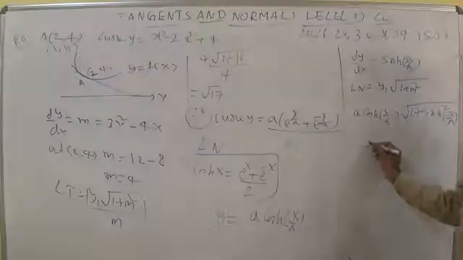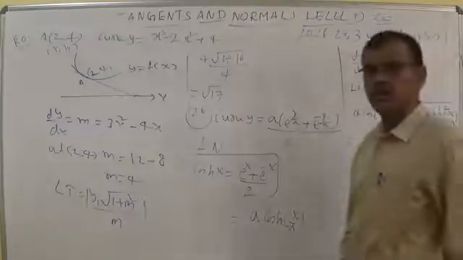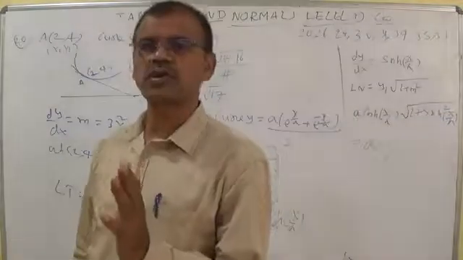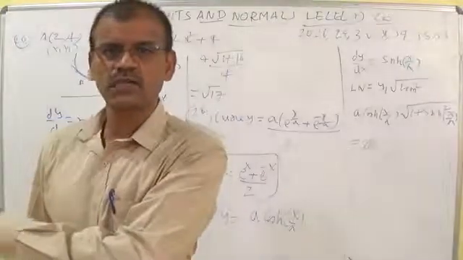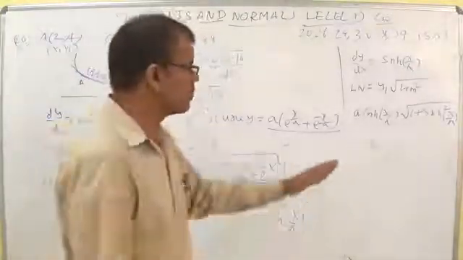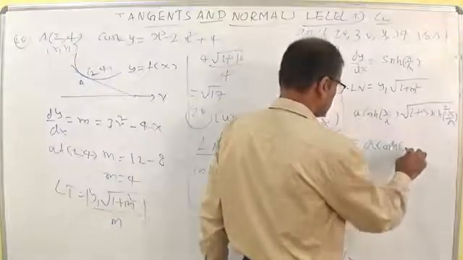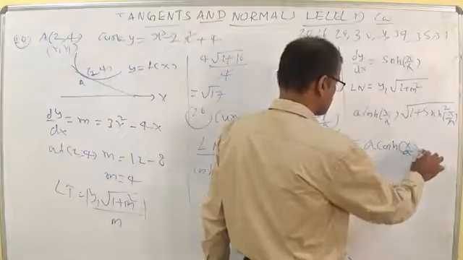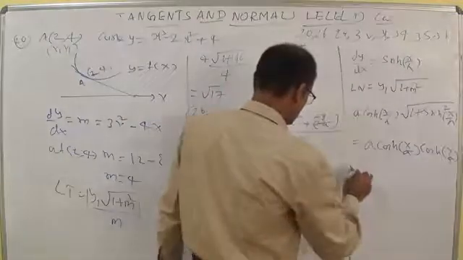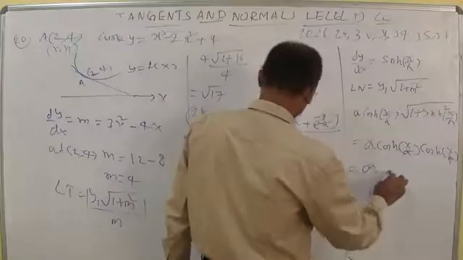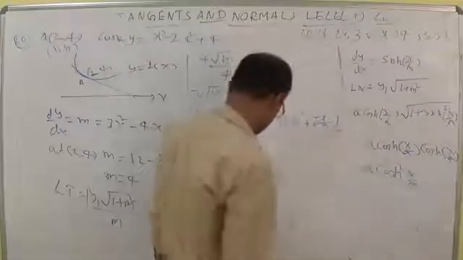We know that cos h square theta minus sin h square theta equals 1, so 1 plus sin h square becomes cos h square, and the root is cos hx by a. So we write a into cos hx by a into cos hx by a, which is equal to a into cos h square x by a.